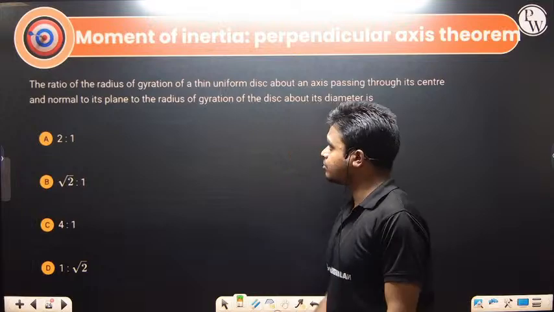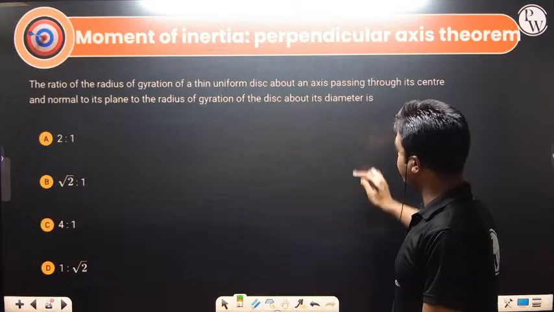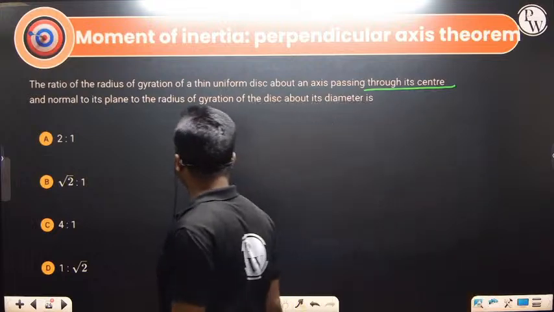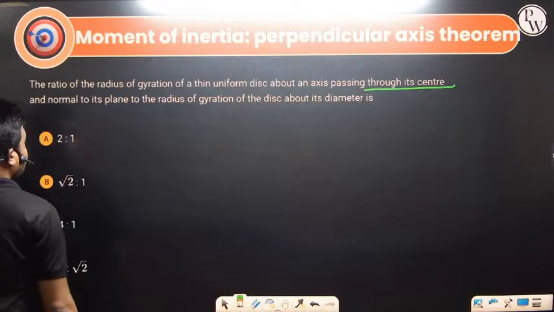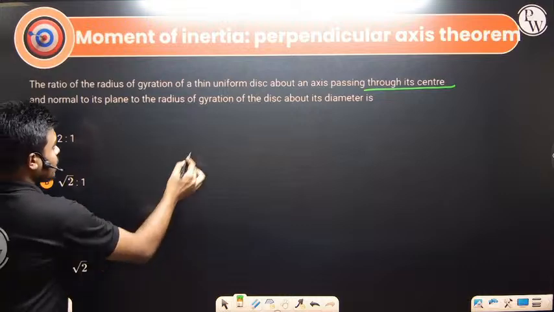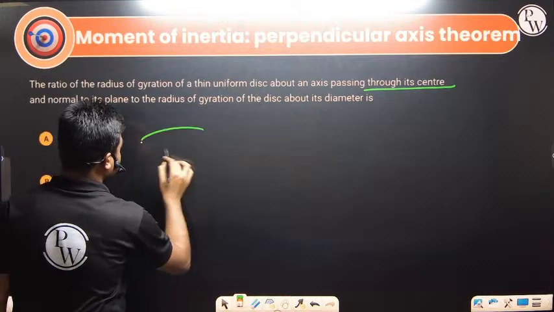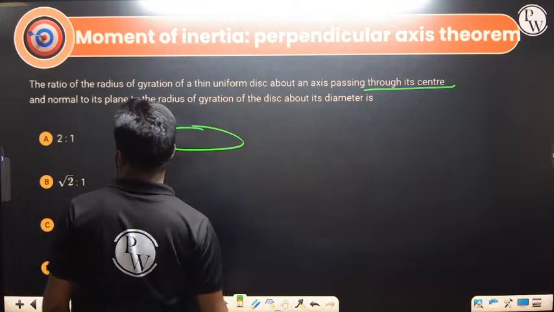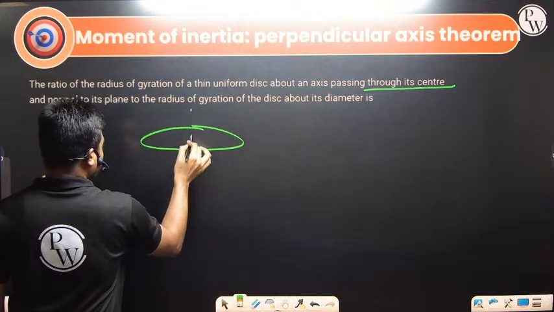Moving next. The ratio of the radius of gyration of a thin uniform disk about an axis passing through its center and normal to its plane, to the radius of gyration of the disk about its diameter.